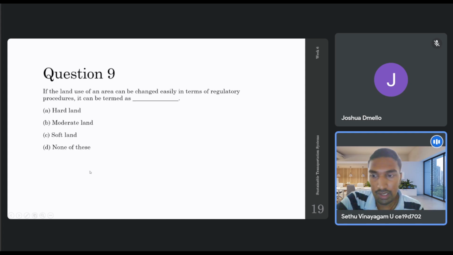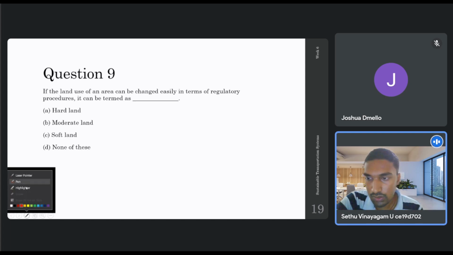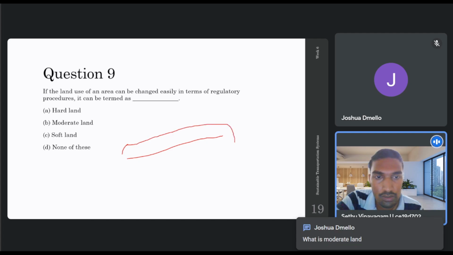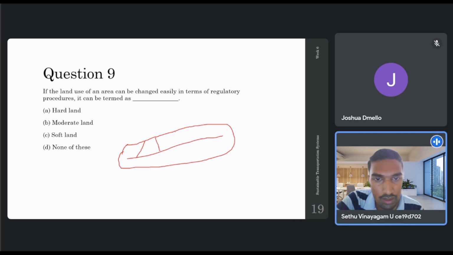Basically we have these three terms, which we use to classify the land around a particular corridor that we are trying to develop. For example, we have a transit corridor plan. Around this, we'll be planning not only the corridor, but also the land surrounding it. We could have different fragments of land belonging to different land uses.